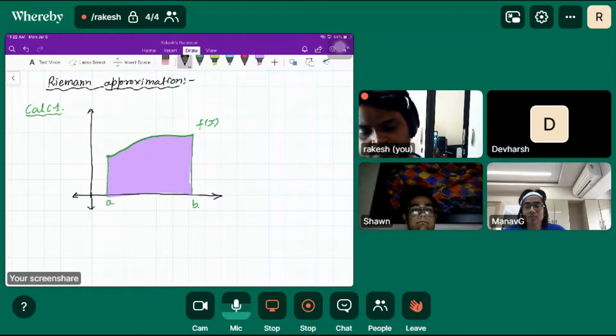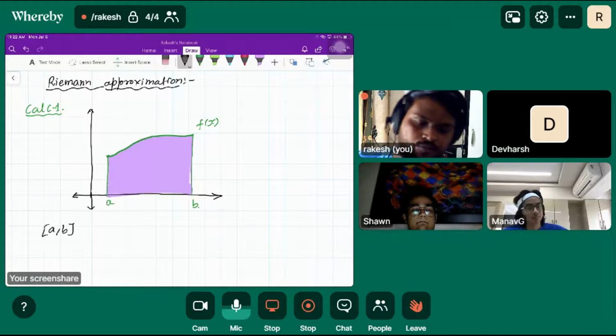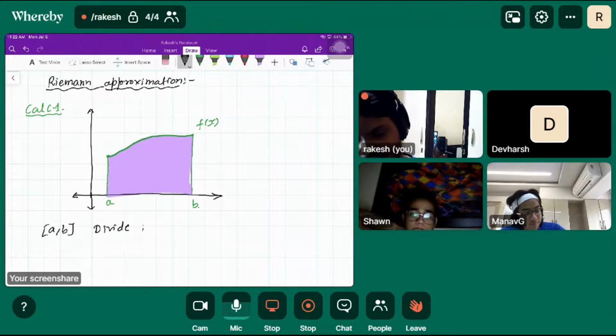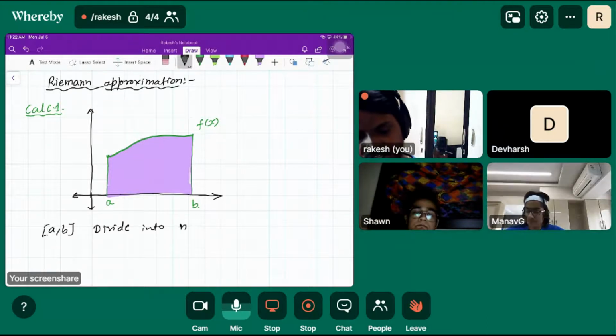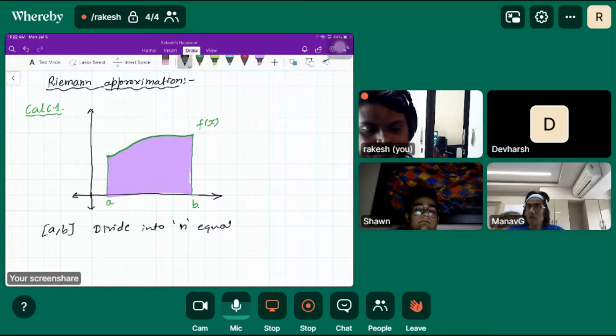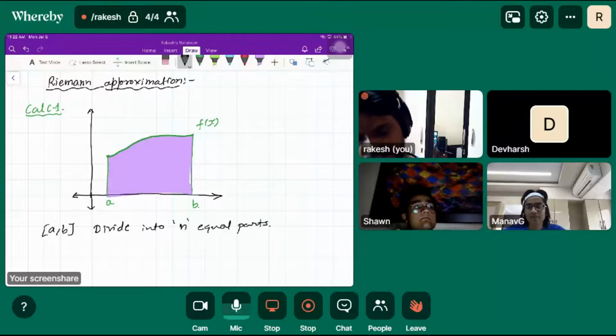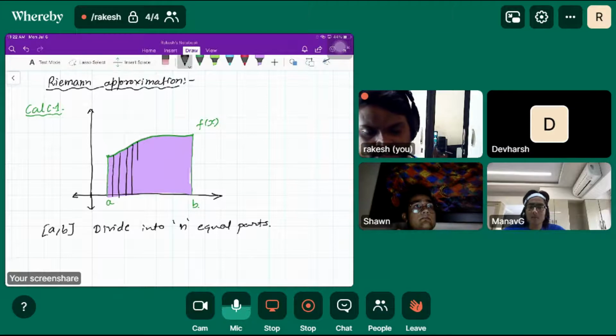So if we have A and B as a closed interval, we divide it into N equal parts.